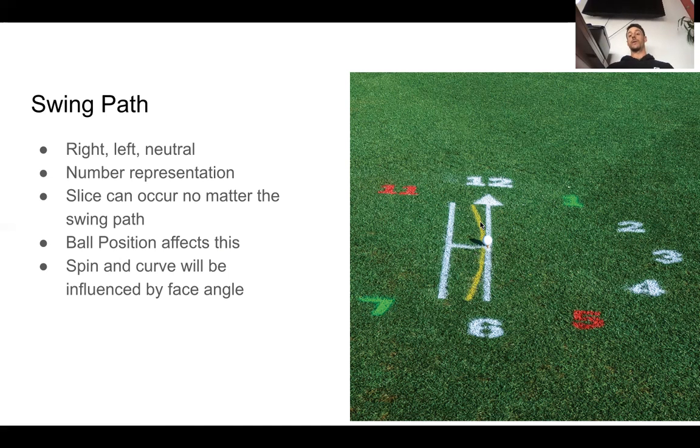I'm now going to be making impact with that ball further up in my stance, up here, where there's a little bit more deviation. So if where these intersect is 0 swing path, this is going to be a left swing path.